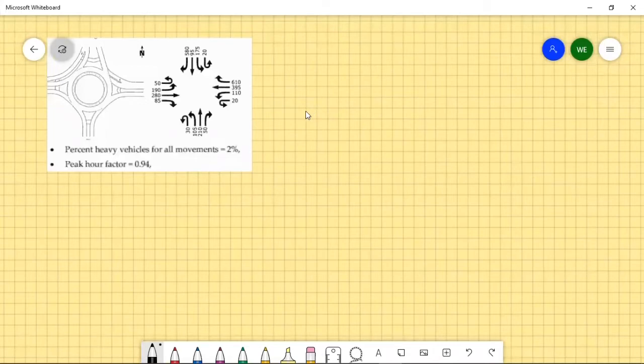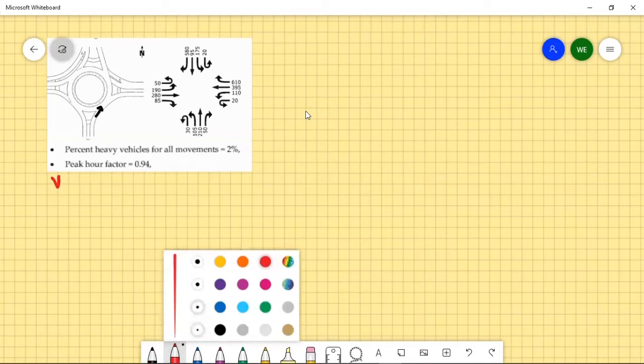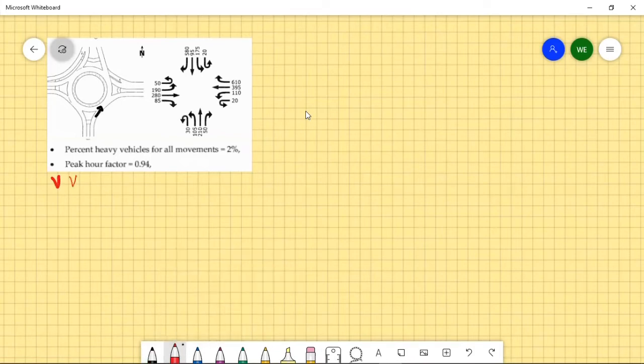So let's calculate for the northbound. So VC northbound equals.